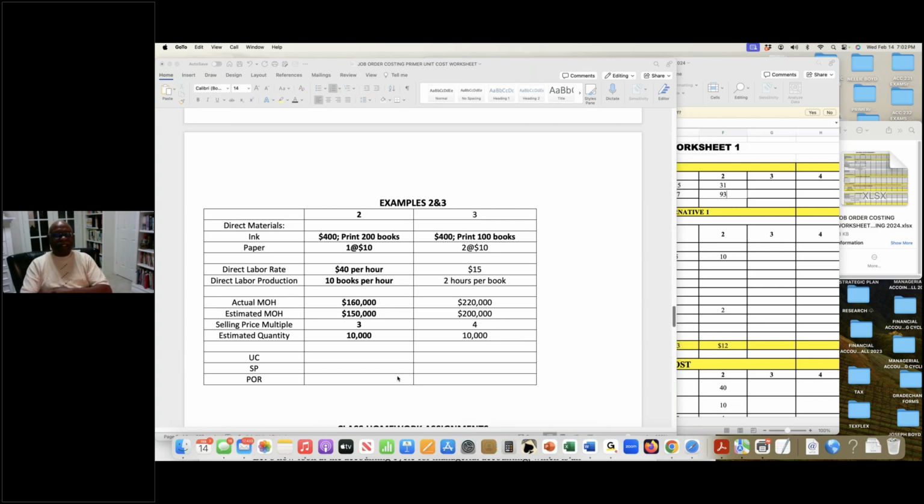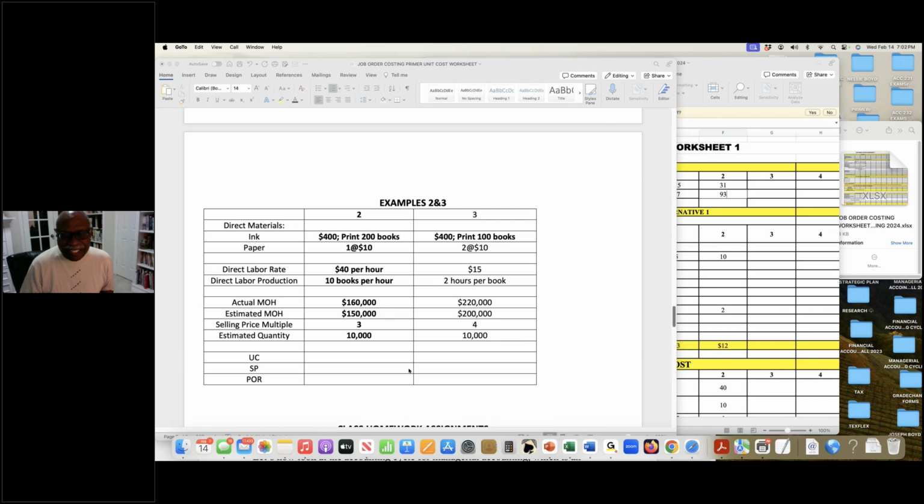Okay. What are the numbers that you got? For the estimated unit cost, I got 59. I got 20 for part three, 30 for part two, and 9 for part one. So 5 plus 4.